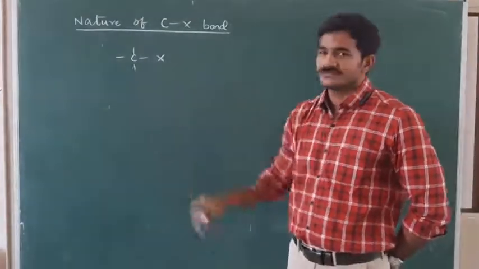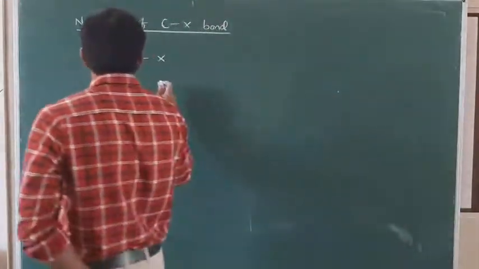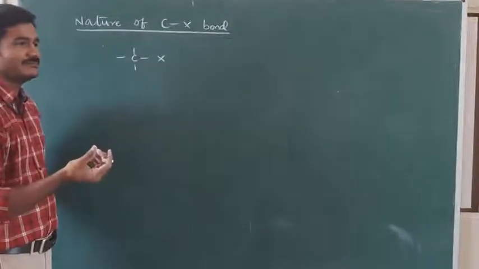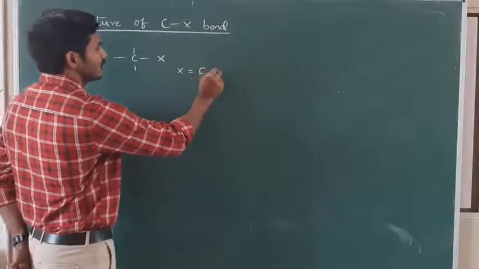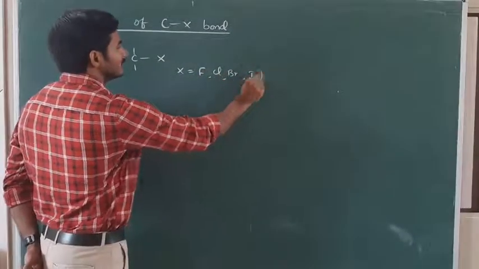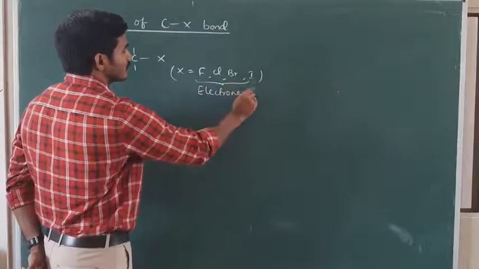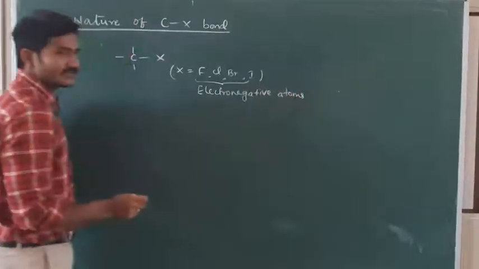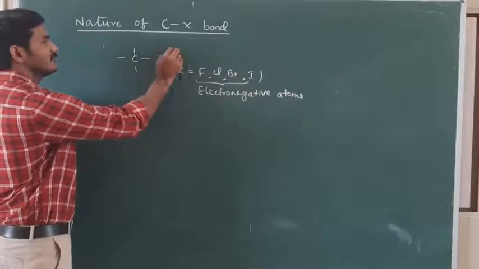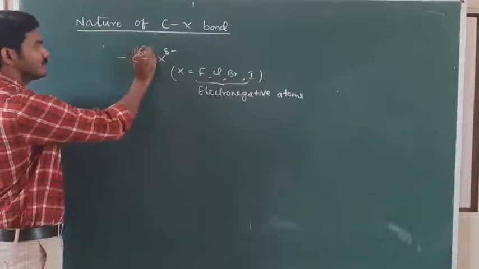What is the nature of this bond? Whether it is polar or non-polar. Whenever two dissimilar atoms are there, it definitely develops some polarity. Here you can see halogens, fluorine, chlorine, bromine, iodine. These are electronegative atoms, so they can generate a negative charge, and the carbon becomes electropositive.